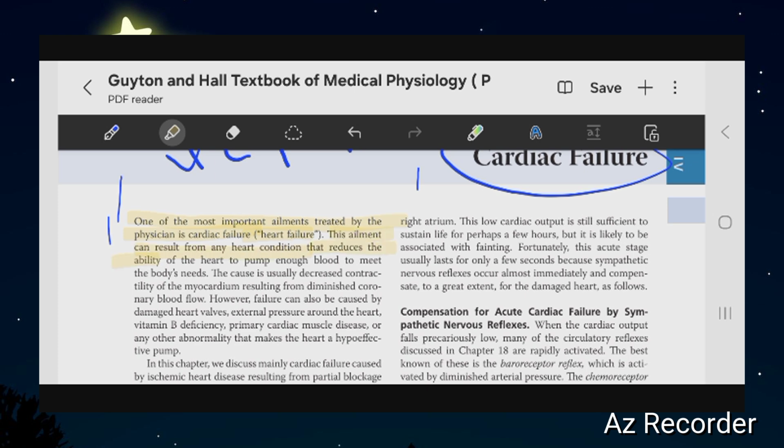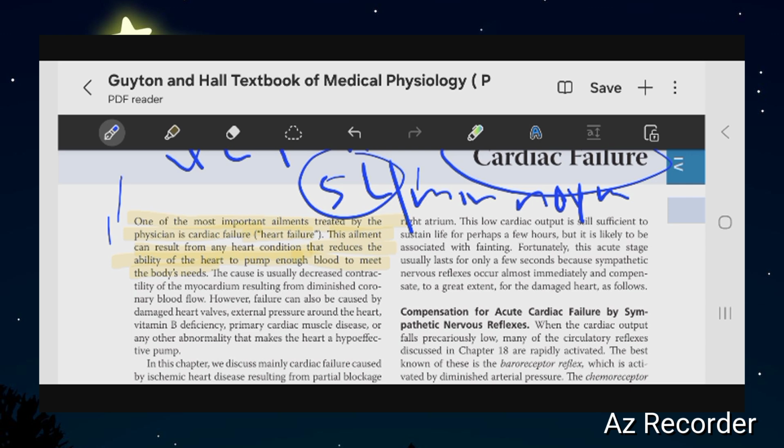They reduce the ability of the heart to pump enough blood to meet the body's needs. The normal cardiac output is 5 liters per minute. So if the cardiac output is decreased, what will happen? The normal blood supply that your body needs will decrease, and it will decrease overall blood supply.